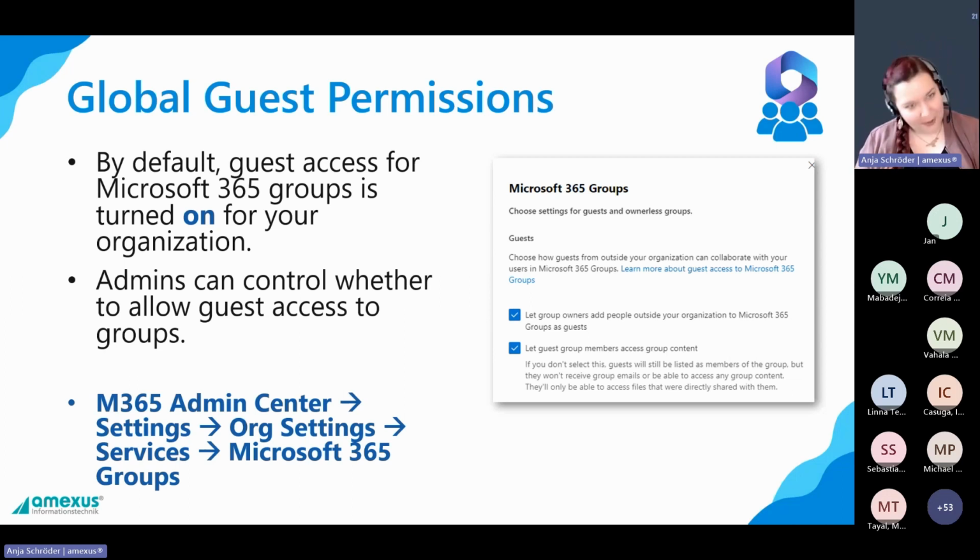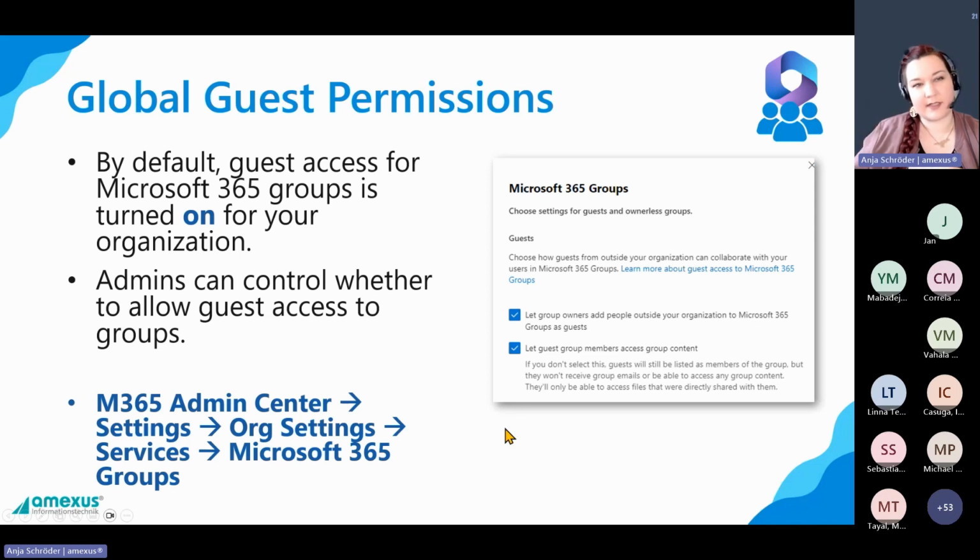Go to Settings, go to Org settings, go to Services. Then you find the entry Microsoft 365 groups, and then you see a picture like this, and you can take this ability back.